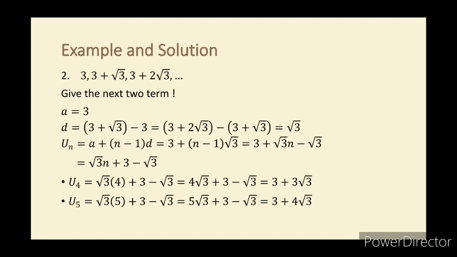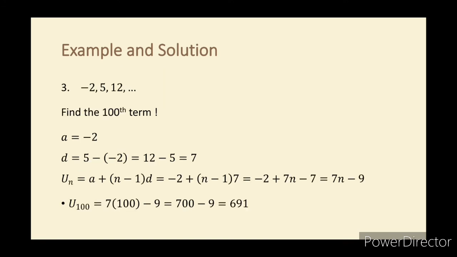Fifth term equals square root of 3 times 5 plus 3 minus square root of 3 equals 5 square root of 3 plus 3 minus square root of 3 equals 3 plus 4 square root of 3.